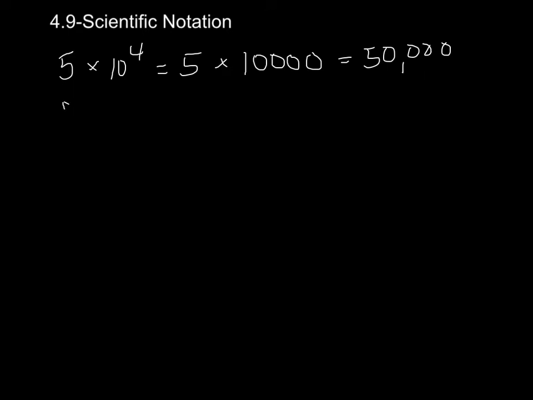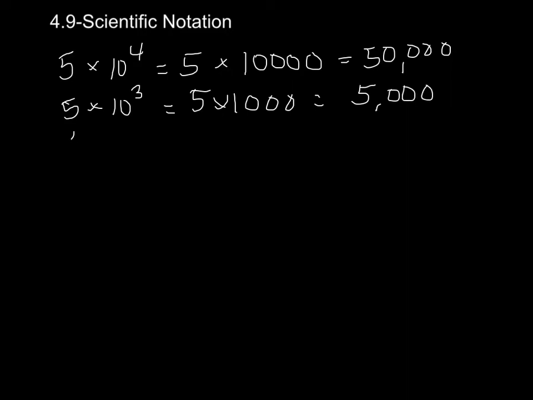Okay, so if we had 5 times 10 to the 3rd, so this is our scientific notation, is the first numbers. So 5 times 10 to the 4th is scientific notation. 5 times 10 to the 3rd is scientific notation. So that would be 5 times 1 with 3 zeros, or 5,000.